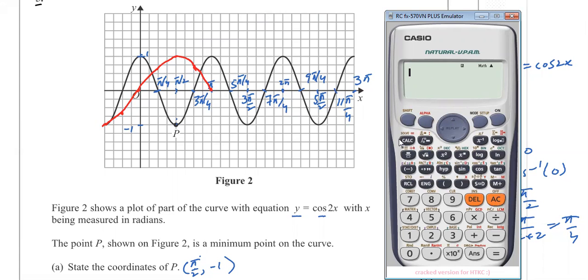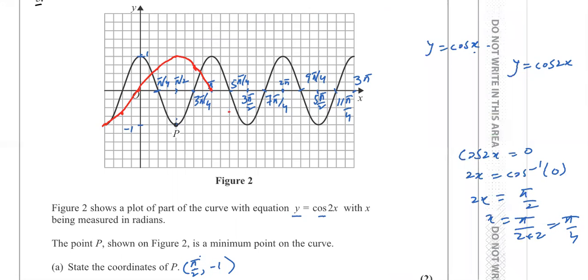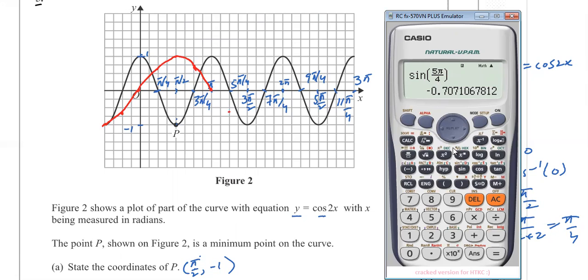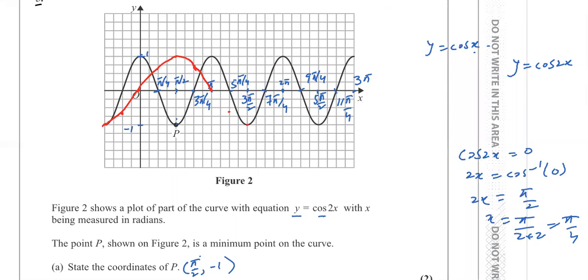So if I will take for sine 5 pi by 4, the value for it will give you negative 0.707. So that will be approximately here. And then for 3 pi by 2, if I will check it, the value for 3 pi by 2 will be -1. So it will be here.